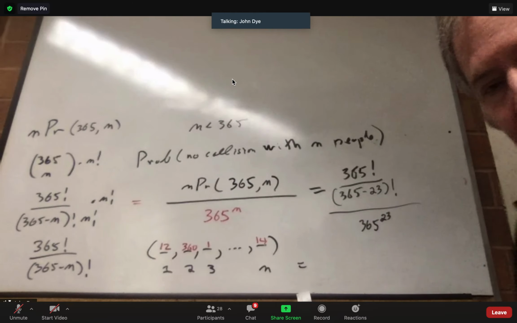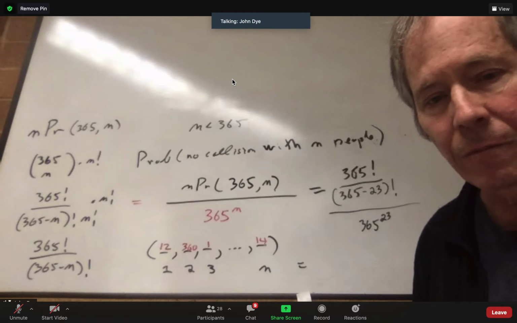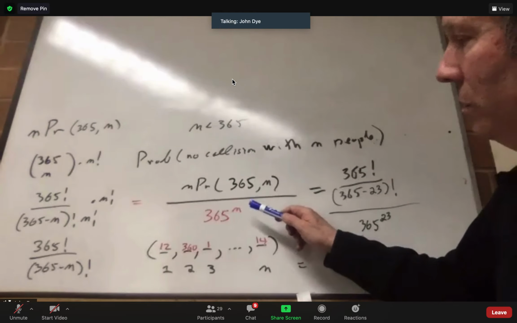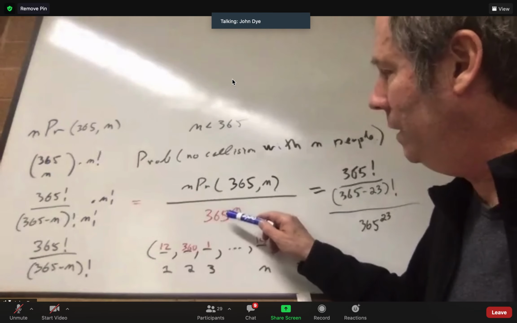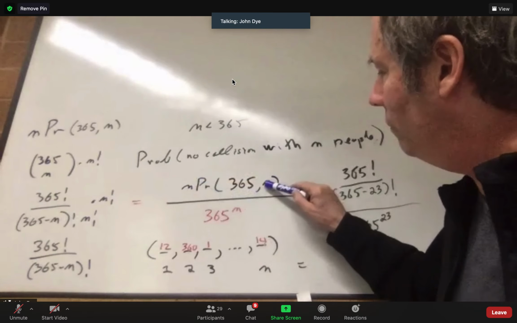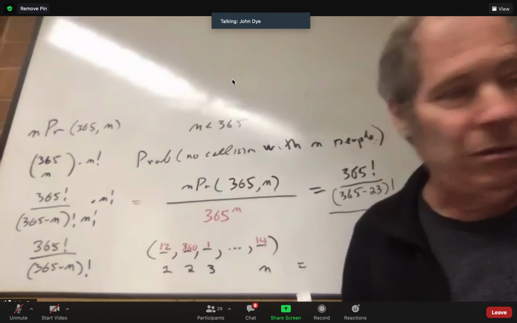This is a lot of time mucking around with the calculator. But I tell you this much: on my old, ancient TI-89, I can actually put in a 23 and a 23 here, and it will actually calculate this.